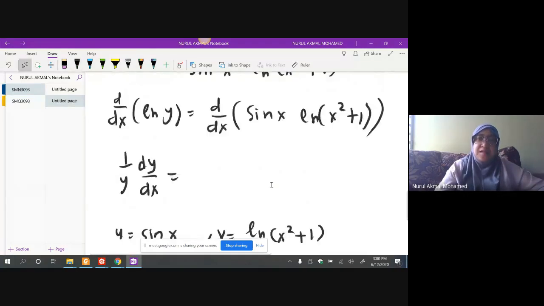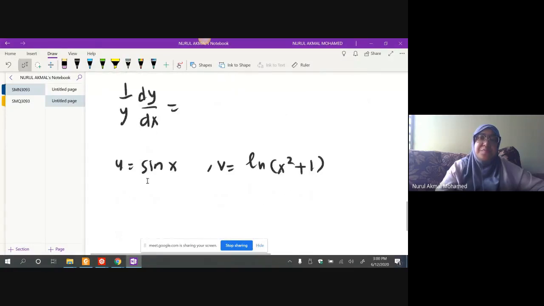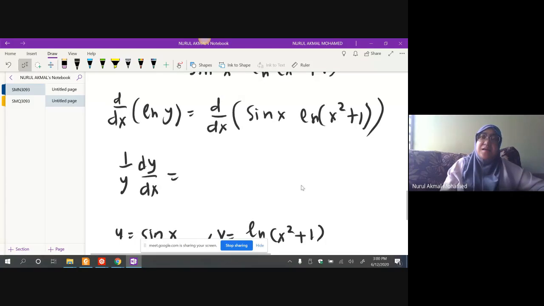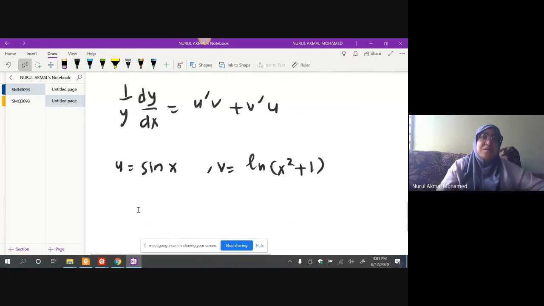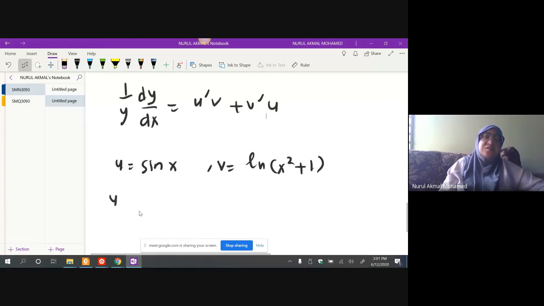You have to find u prime and v prime as well, because the derivative of this is equal to u prime v plus v prime u. So what is your u prime? u prime is easy. u prime here is equal to cos x.